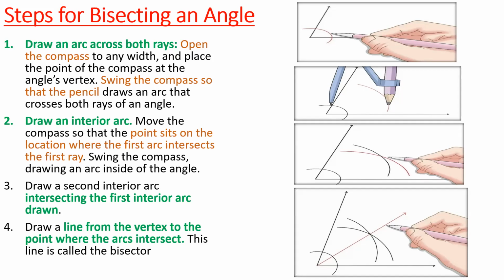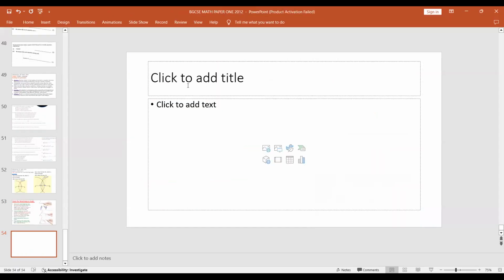Okay, so let's move on to actually drawing and bisecting the angle. So we're going to bisect two of them. So examples.